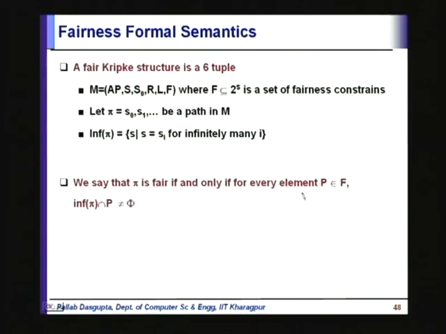So, that is what is meant here, that for every element P belonging to F, what is P? P is a set of states. For every fairness constraint in F, which is represented by a set of states, the intersection is non-empty, which means that at least one state from that fairness set should be visited infinitely often, right.